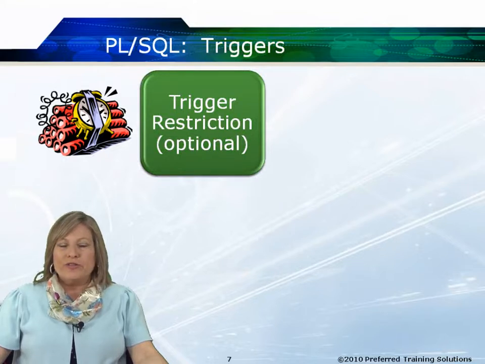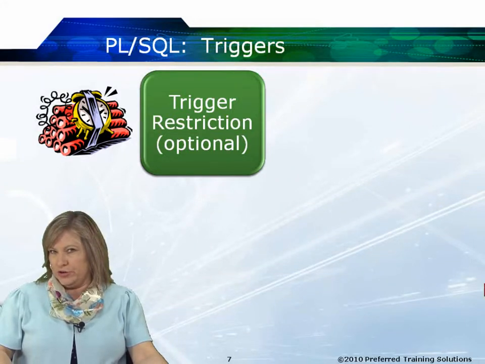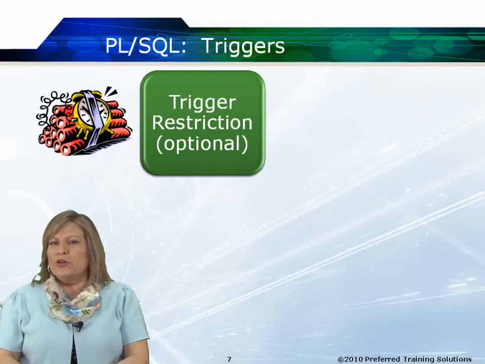Another part of your trigger, this is actually an optional part of the trigger, you have the ability to place a restriction on your trigger. And this is an interesting concept because triggers are going to fire based on events.